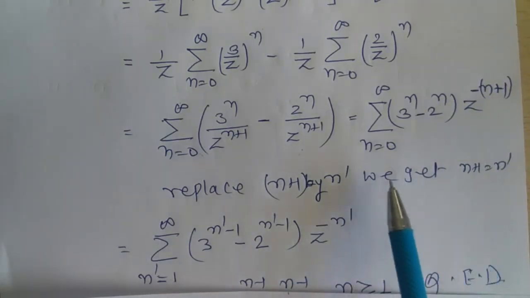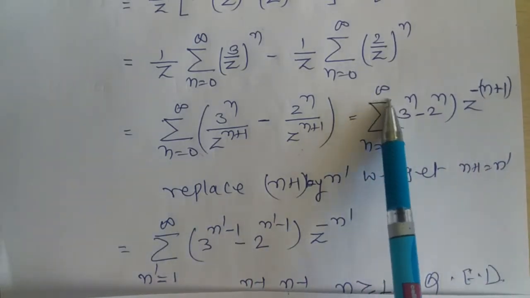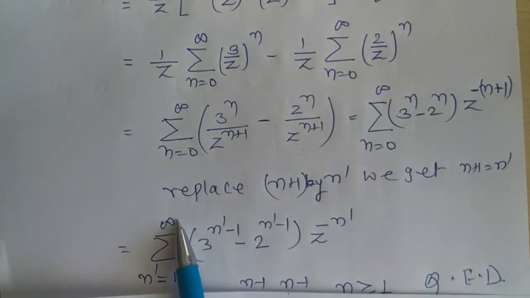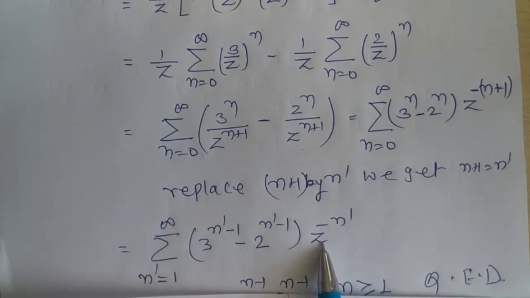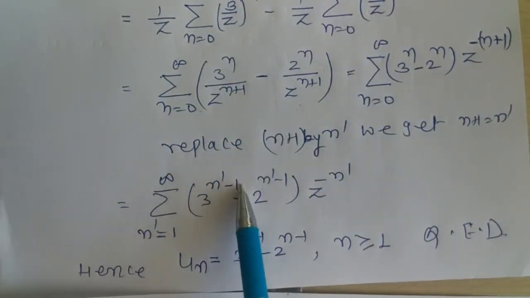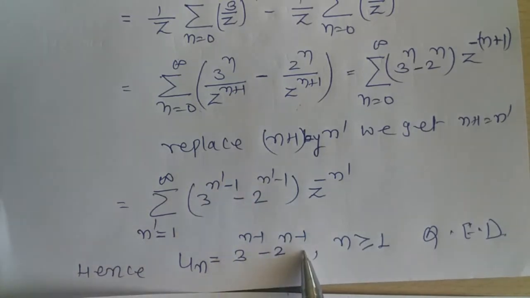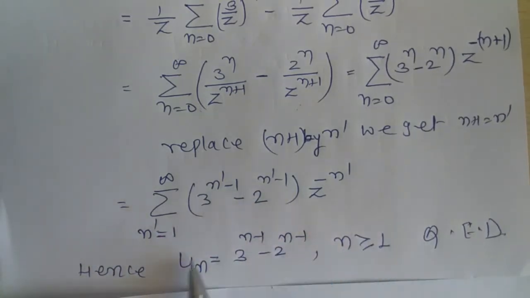And for n equal to 0 we get n dash is 1, and for n equal to infinite we get n dash is infinite. So n dash is 1 to infinite, and the coefficient of z power minus n is the un. So we get un is 3 power n minus 1 minus 2 power n minus 1 for n greater than equal to 1. So this is the required inverse z transform for the region of convergence mod z is greater than 3.